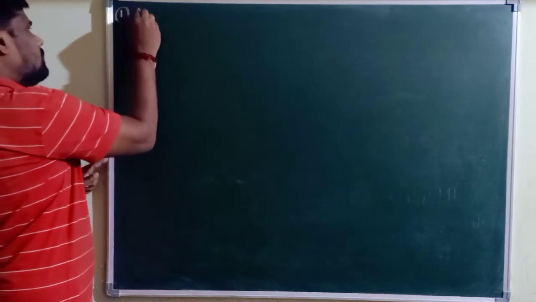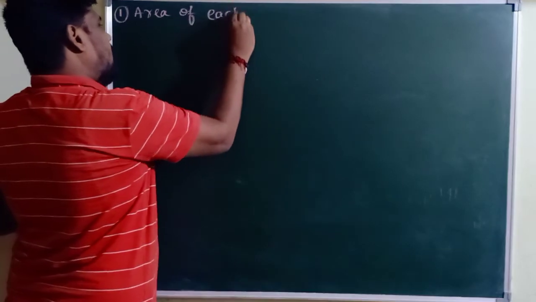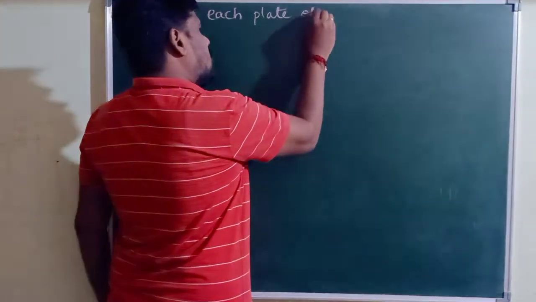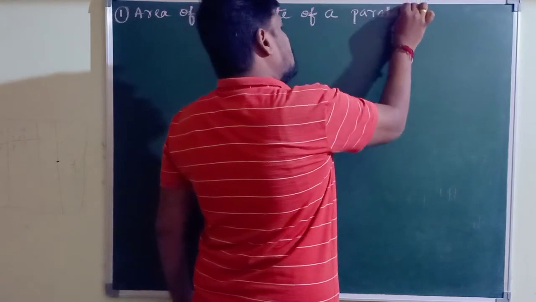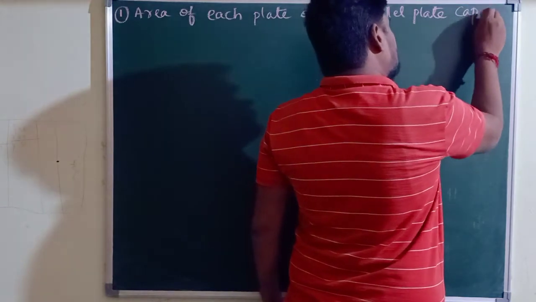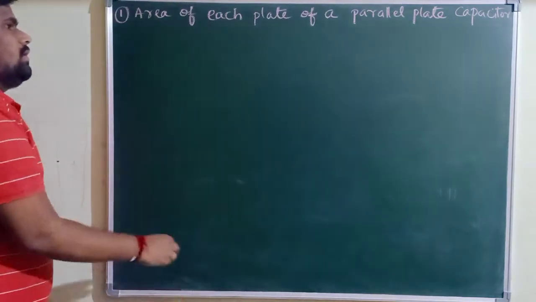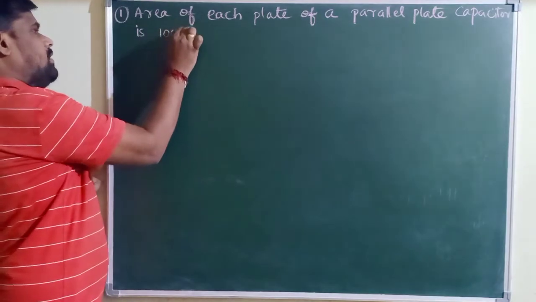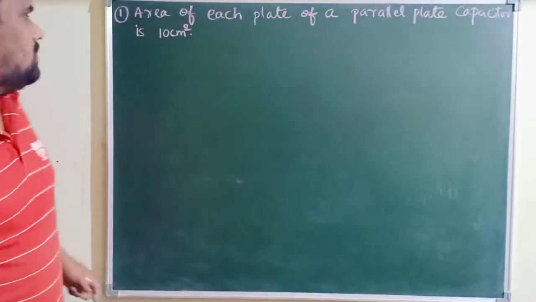Area of each plate of a parallel plate capacitor is 10 centimeter square.